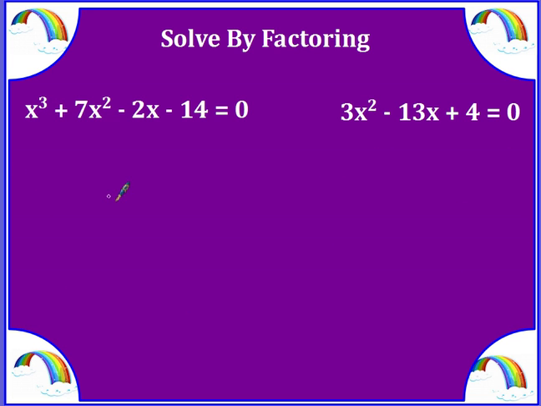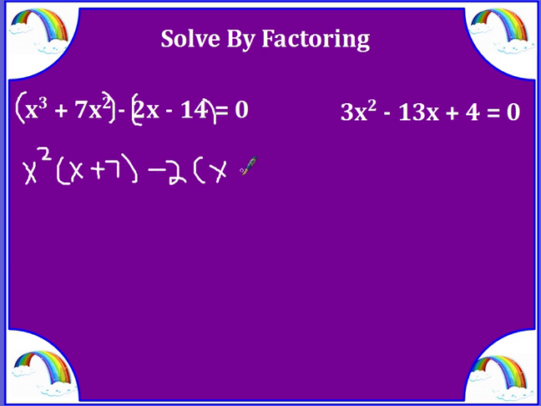On this one, we are going to solve by grouping. We can group these two terms and these two terms. We are going to factor out an x squared. That leaves me with x plus 7. Let's factor out a -2 here, and that leaves us x plus 7, all equal to 0.